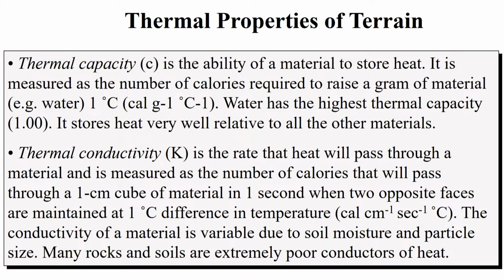The conductivity of a material is variable due to soil moisture and particle size. Many rocks and soils are extremely poor conductors of heat. So thermal conductivity is mainly about how conductive your material is, whether a material is a good or poor conductor of heat.